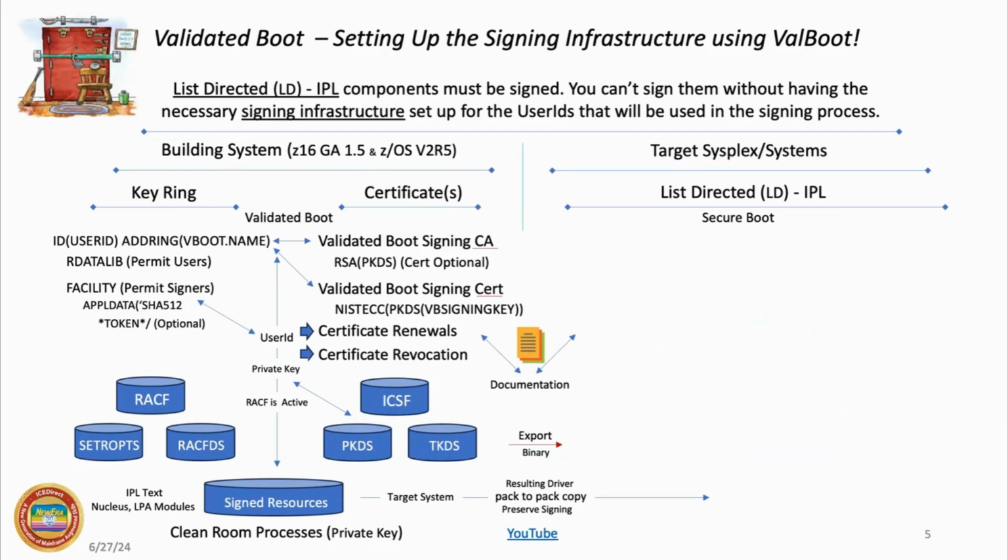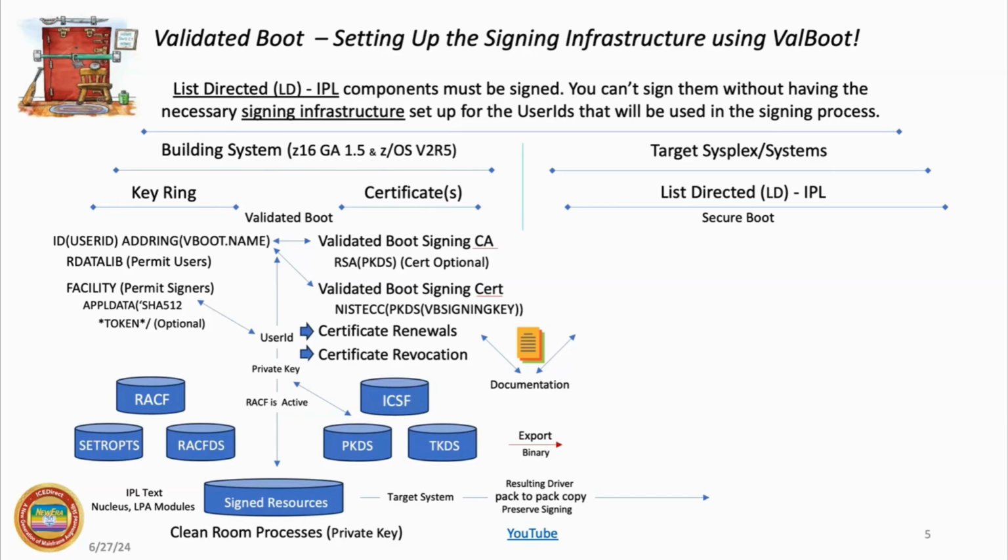Those certificates themselves, we recommend two, a signing certificate as well as a CA certificate, are going to wind up being created in a very prescribed way, and their public-private key pairs are going to be stored in ICSF in the PKGS data store. That whole process ultimately will permit some individuals, that is, those people who are permitted by our data log, to actually perform a signing.